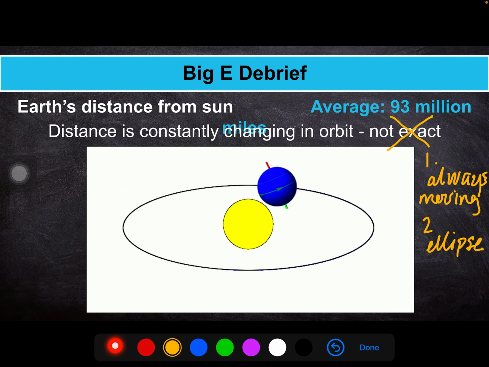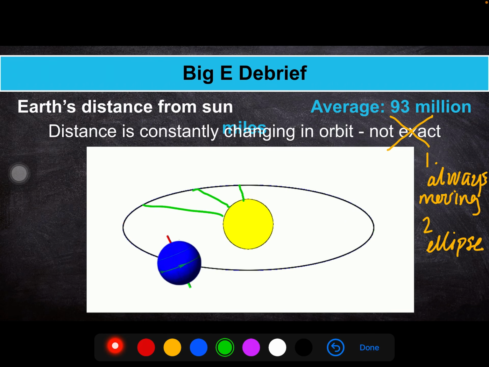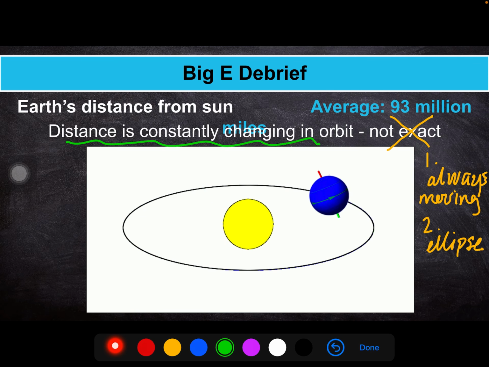And so because that orbit shape is an ellipse, every time motion happens, right? This is a distance, this is a distance, distance, distance. We're seeing that distance change all the time. And because that distance is constantly changing, for not only the Earth, but every planet, we have to give the average distance from the planet to the sun, because every single day it varies.